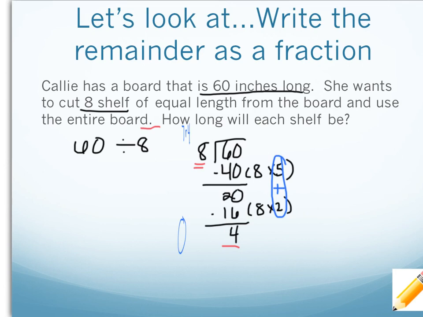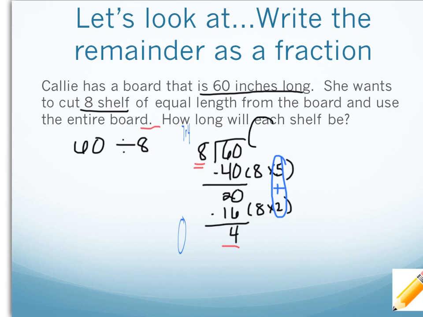Since I'm going to use the entire board, I need to decide about those last 4 inches. I'm going to have 7 sections and then 4 inches remaining. That means I have to use those inches. To do that, I write my remainder as a fraction.